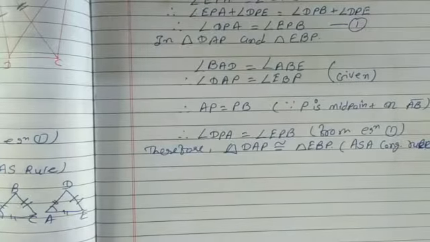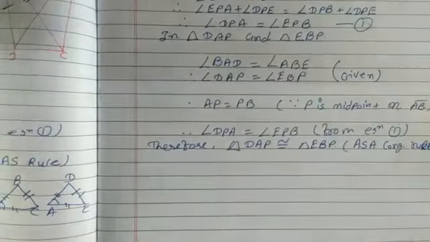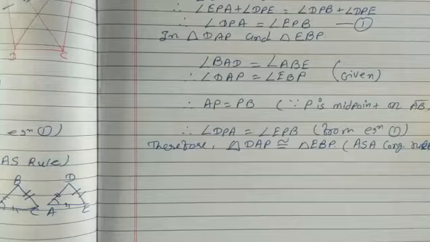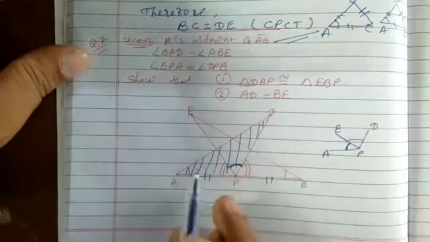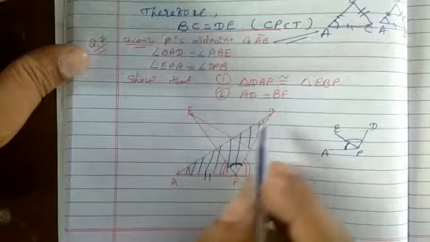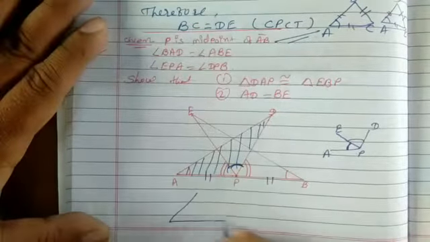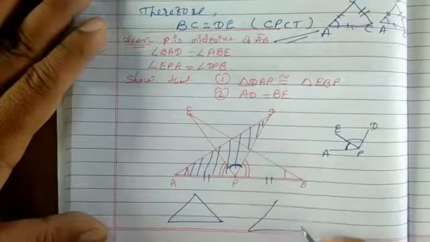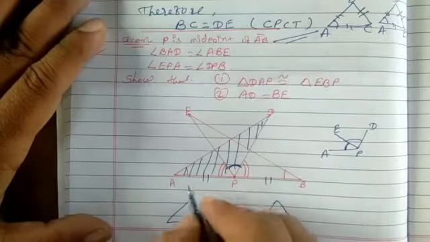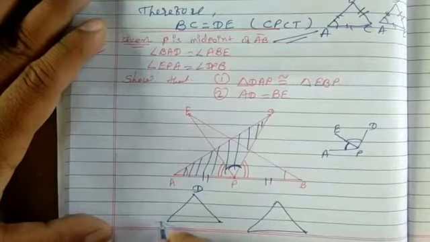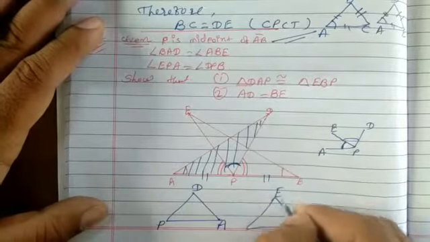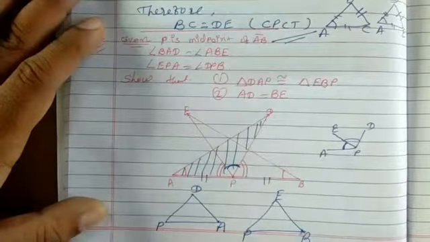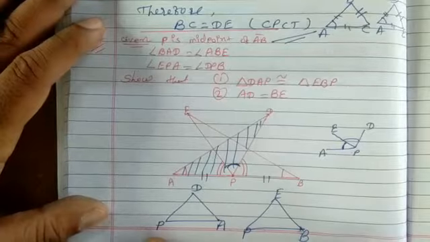Okay. Now the second question is, then what happened to AD and BE? Okay, AD and BE. Now this triangle, look at here. We just proved DPA, okay, and EPB both are congruent. Am I right?